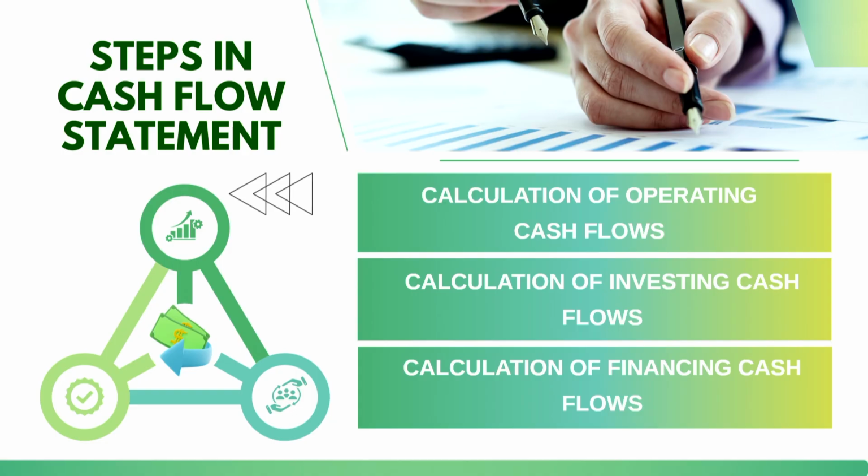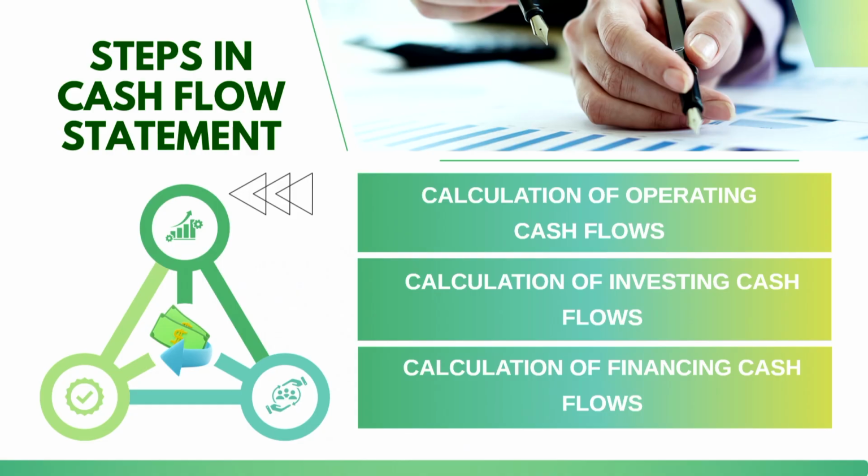Now, moving further, when you talk about steps in cash flow analysis, it is designed in such a manner that we encompass all those activities which are related to cash or cash equivalent.